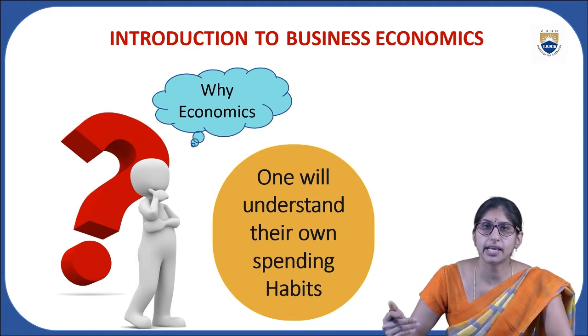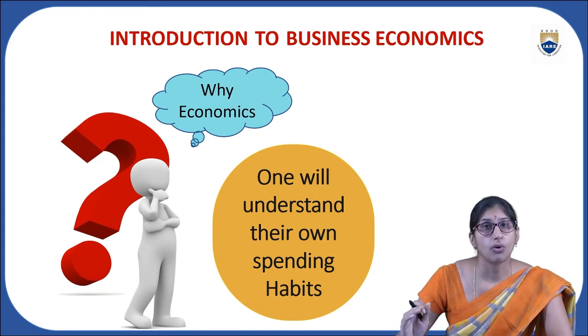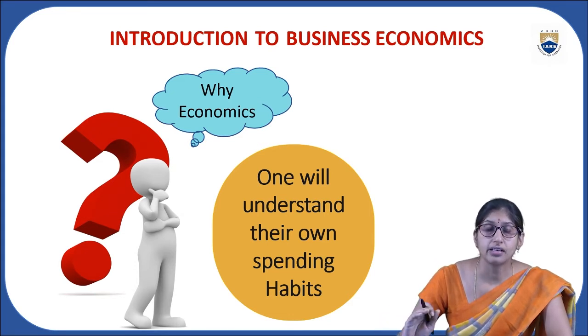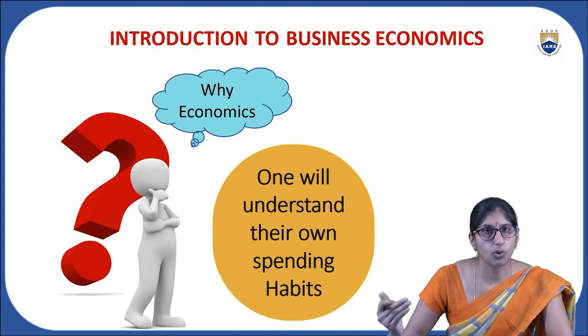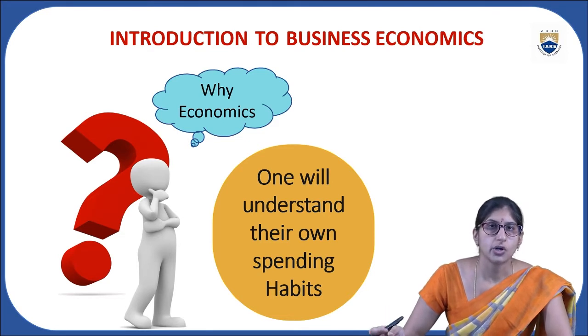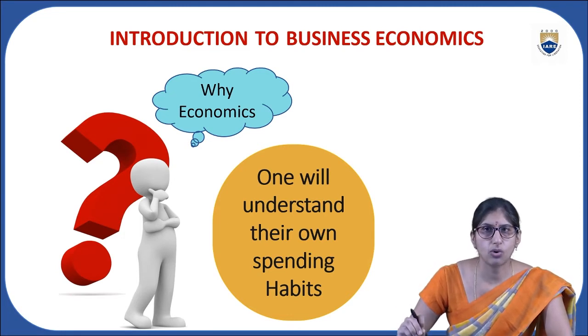As per my economic condition and my earning ability, I'm going to earn money and satisfy whatever wants I can, with satisfaction levels. So this is all about economics. One is going to understand their own spending habits in economics. That is the reason we are going to study economics today.